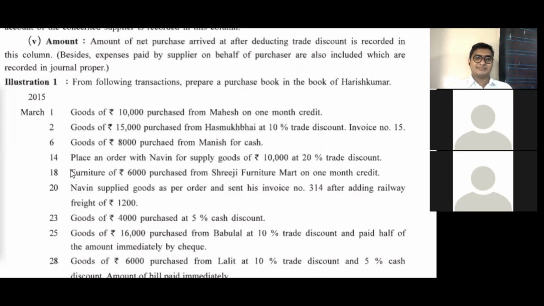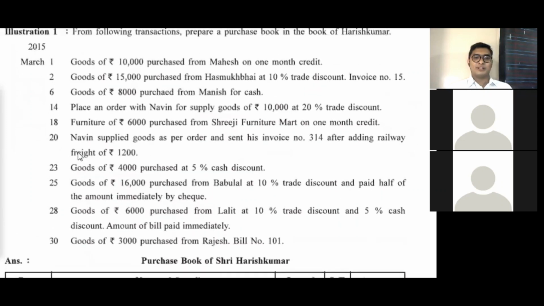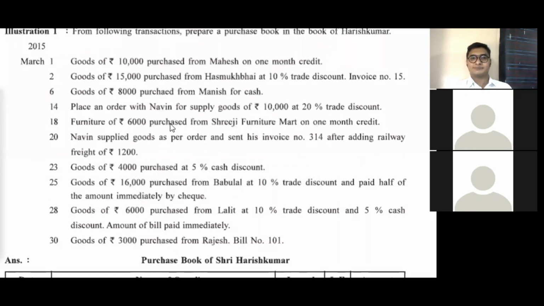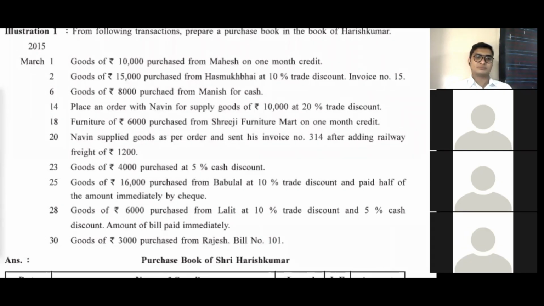Point number 18. Furniture of 6,000 purchased from Shriji Furniture Mart on 1 month credit. Tell me whether it is recorded or not. No, sir, because it is an asset. Yes. Correct answer, furniture is our asset.